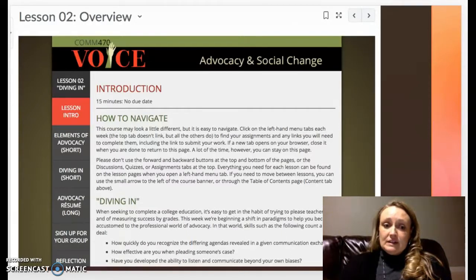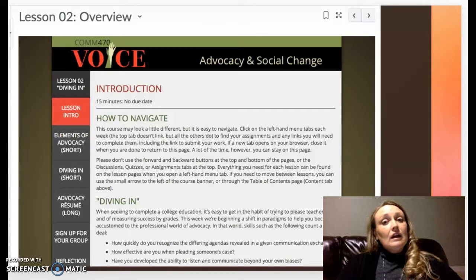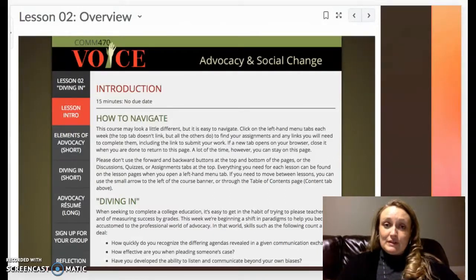Now the advocacy resume is basically looking at your own resume and what skills and abilities you have as you're studying about advocacy that help you to be an advocate. So we're just going to have you focus on those skills to add to your resume. And you're going to be doing another updated resume at the end of the semester, so you can see how you've progressed throughout the semester in the skills and what you've learned.